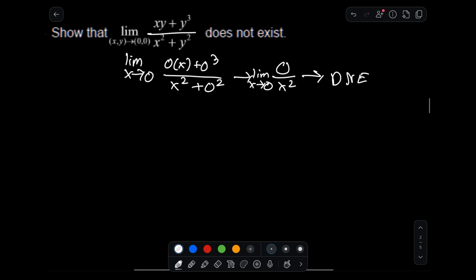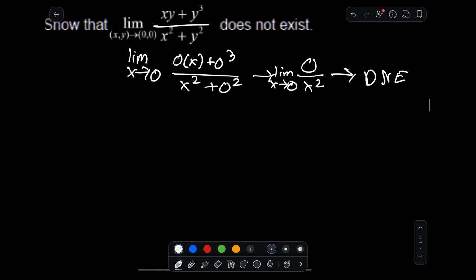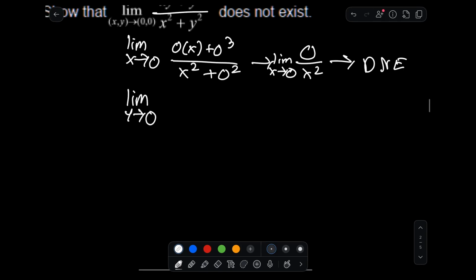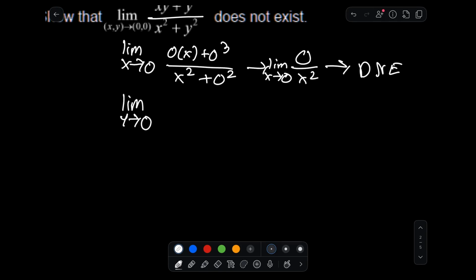And we technically have our answer already, but for the sake of this video we want to show you the other part of this problem. The limit as y approaches 0. Now we said that x is equal to 0. We hold x constant instead of y, because then we can just look at the different paths and see how it would look. So we hold x constant, so it would be 0 times y plus y cubed all over 0 squared plus y squared.